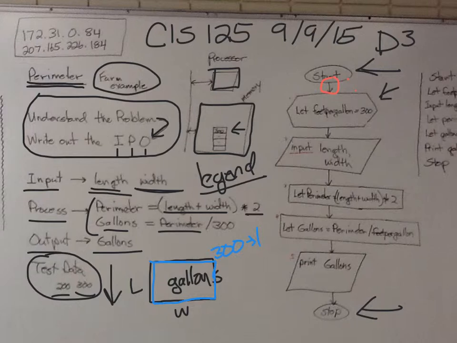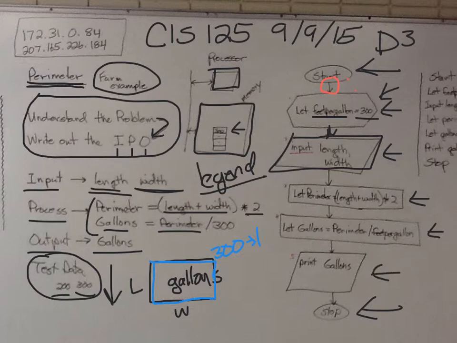We're going to let feet per gallon equal 300 just in case that changes. Here we have an input box, and we're careful to make sure our lines touch with an arrow. An input box is 1 in, 1 out. Initialization box, 1 line in, 1 out. And the same thing with these process boxes. Only 1 line in, 1 line out.